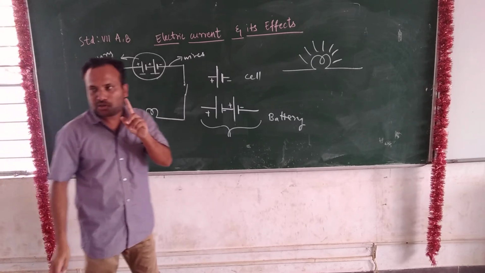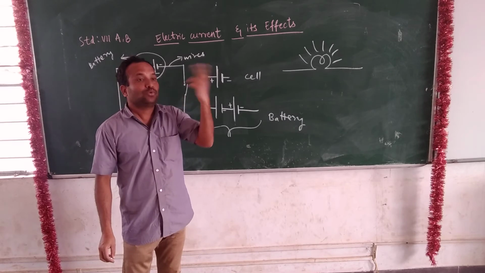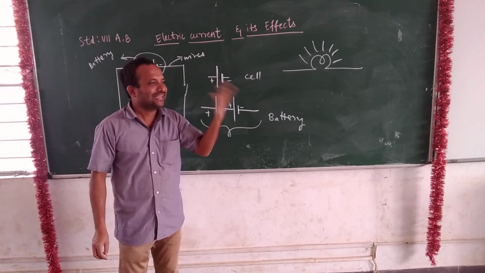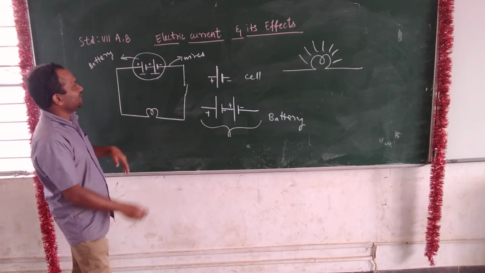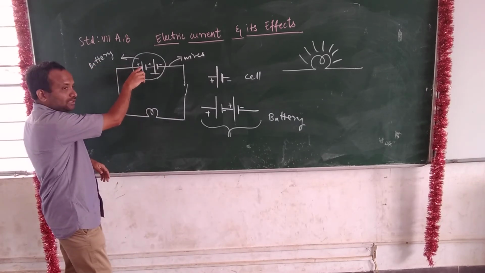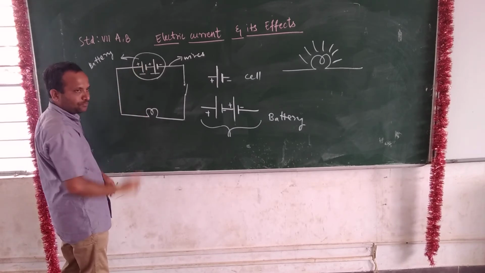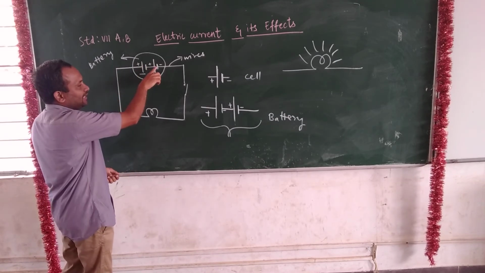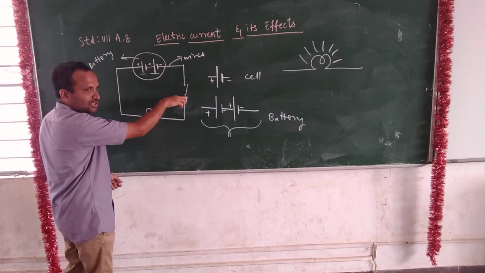Only one cell we cannot call a battery. If more cells are connected, 4 cells, 6 cells, then we call it a battery. Then one of the terminals of the battery is connected to one end of the bulb. Another terminal of that battery is connected to the switch.